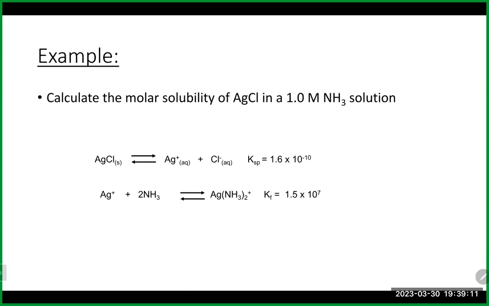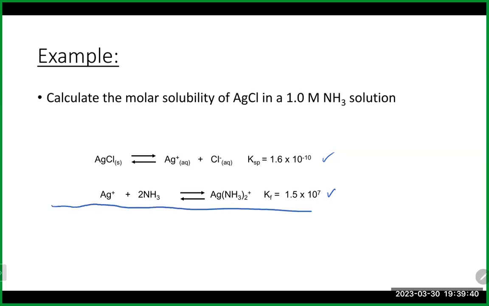What we're looking for is the molar solubility of silver chloride in 1 molar ammonia solution. We have our KSP expression, which is silver chloride breaking apart into silver ion and chloride ion. We have our complex ion formation, which is the silver plus the ammonia making our silver-ammonia complex ion.